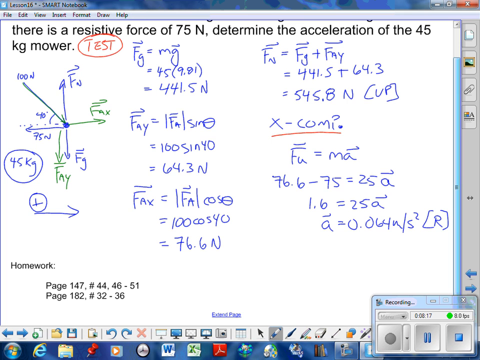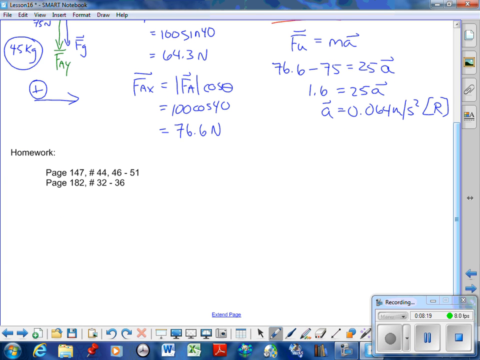So when you interpret that answer, because the acceleration is so small, we can almost say that the lawnmower is being kept at a constant velocity. Because the acceleration is really, really small.